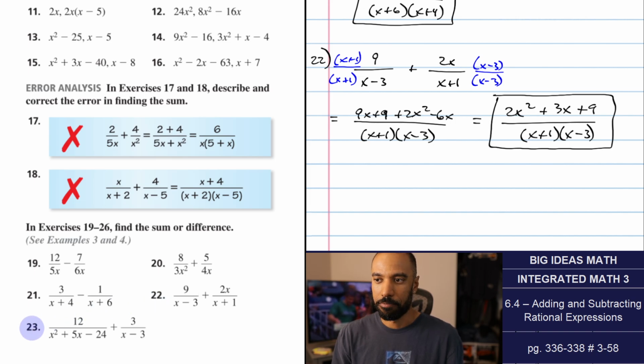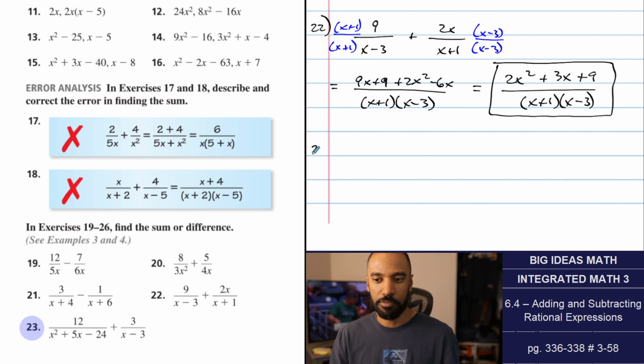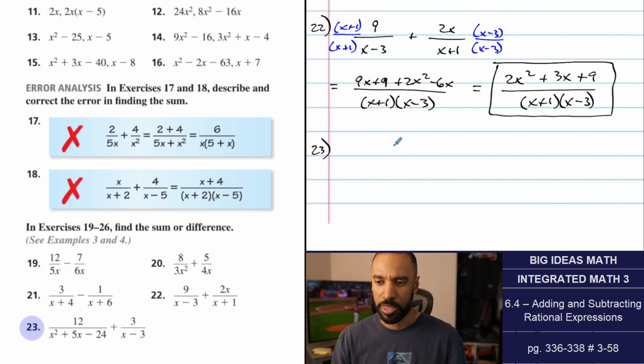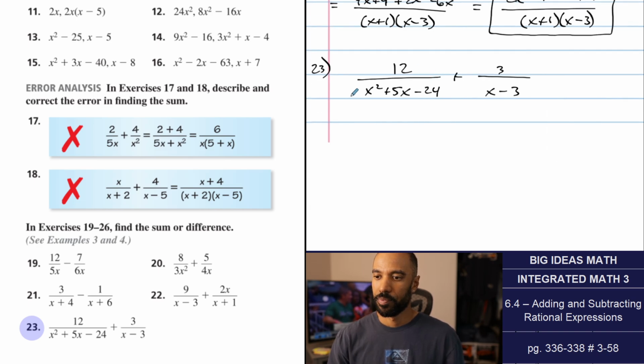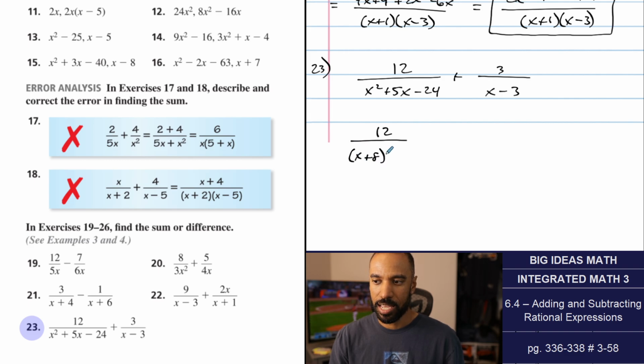23 is where we've got to get some factoring business taken care of first, at least if you do what I do on that method number 2. It's really the preferred method to me. Find the least common multiple by factoring here and seeing what's missing in the other term, so you don't multiply more than you have to. So, x squared plus 5x minus 24 can factor into x plus 8 times x minus 3.